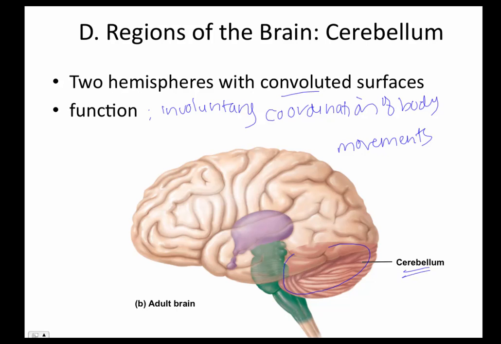Now, a great example of this is when police officers pull someone over in the case that they think someone is drunk, they give them the sobriety test. And really what that's doing, it's testing the cerebellum.